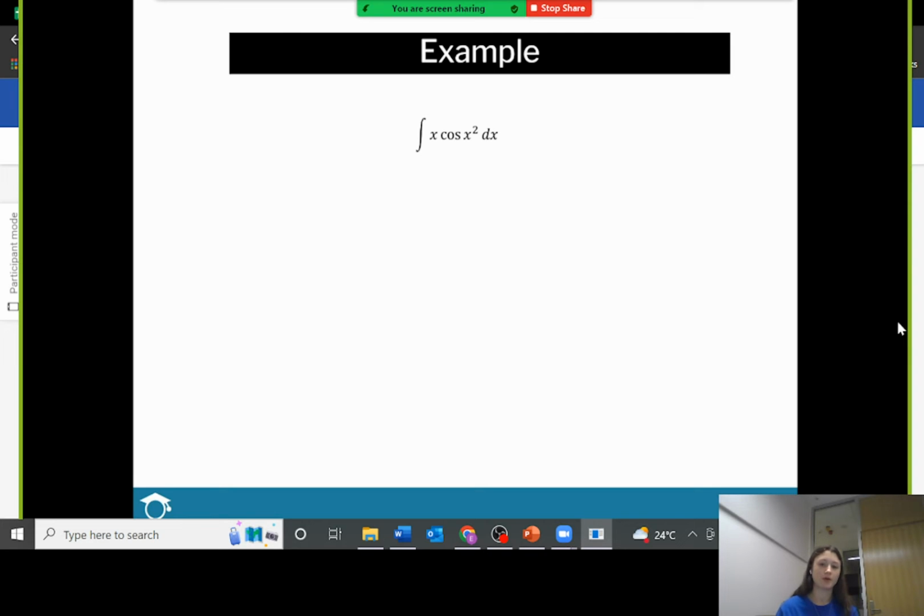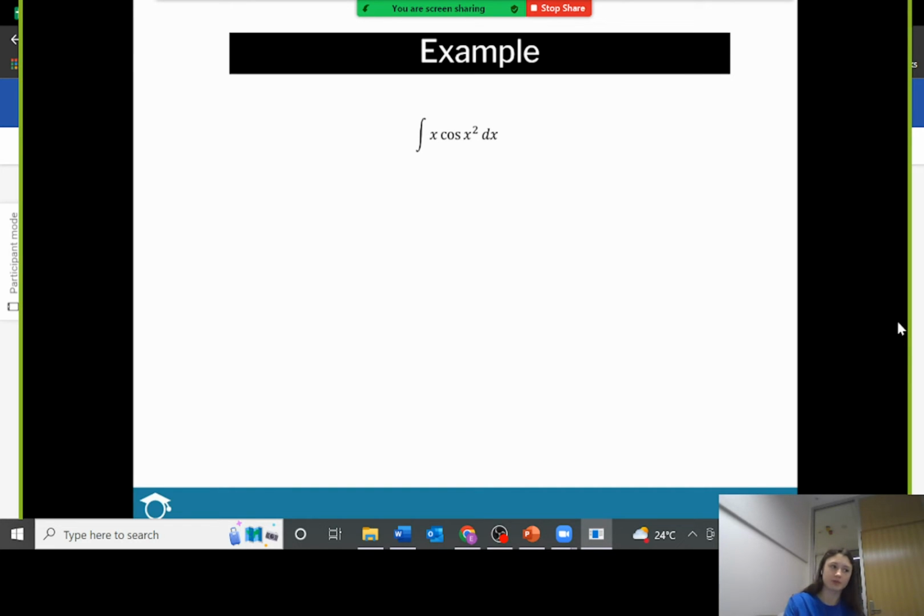So remember, when we're doing nonlinear substitution, what we need to look for is making u the part of the function where the derivative of u would cancel out the extra x or the extra function of x that we don't want. So the question here is really, are we going to make u x or cos x squared or x squared, or are you going to make it something else?